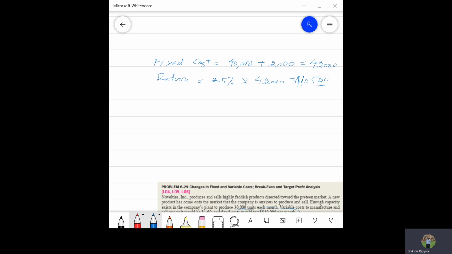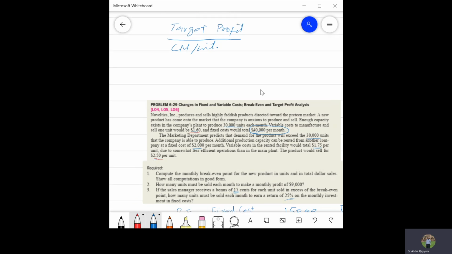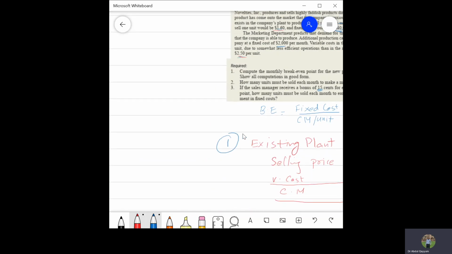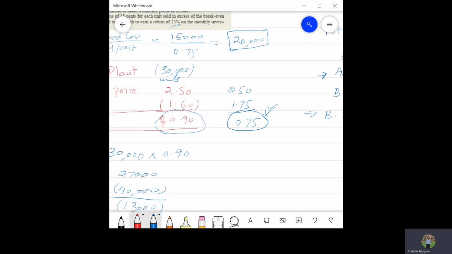So we will use the same target profit formula divided by CM per unit. So read it again. If the sales manager receives a bonus of 15 cents for each unit. So this 15 cents on each unit is a variable cost. Therefore, our variable expense will increase.